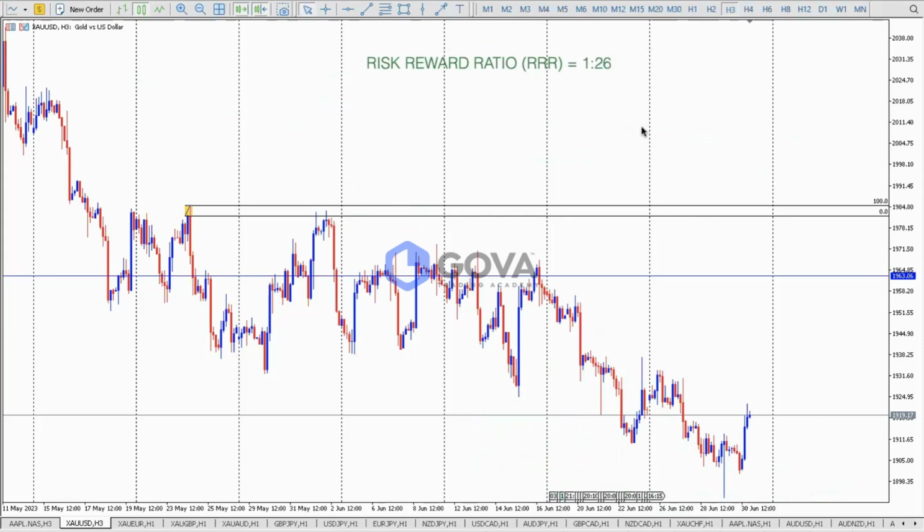If the reward is 1:26, how much did you make if you were risking $10 on this zone? From here to here, you risk $10. It means the reward is going to be 10 times 26.